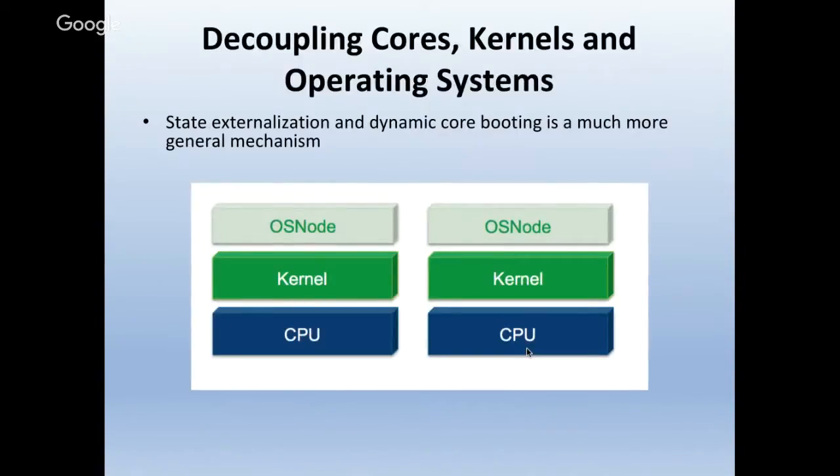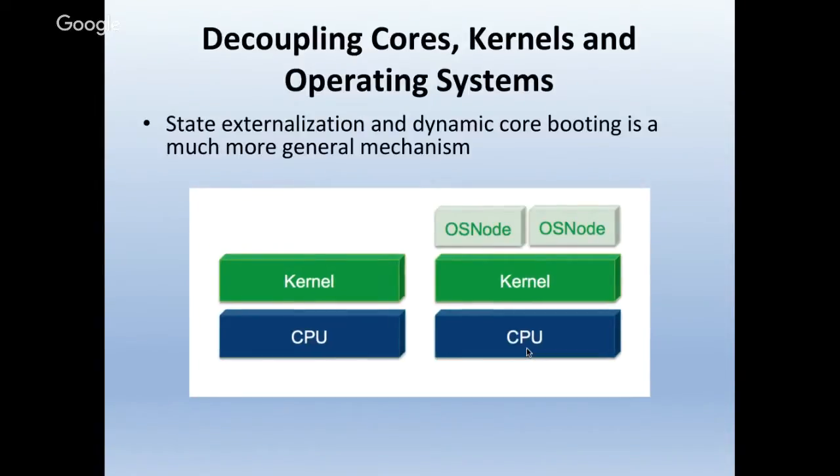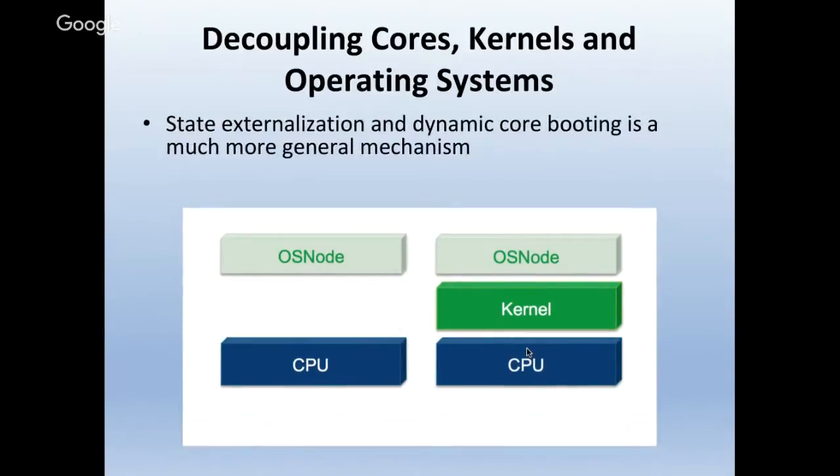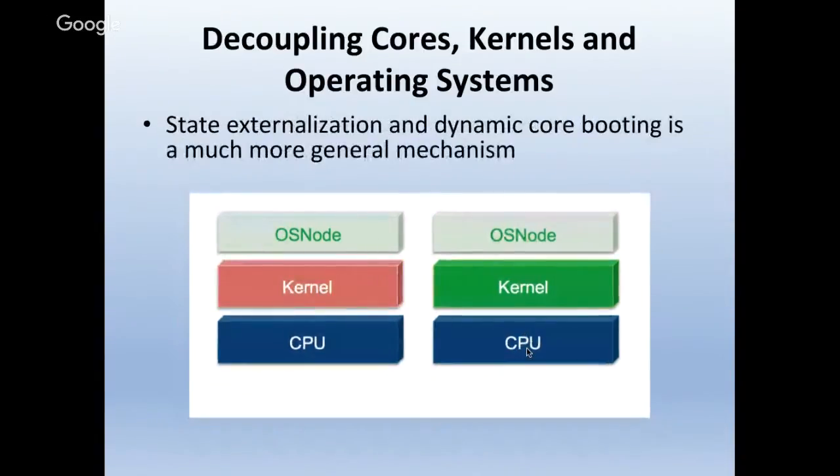So this method of state externalization and dynamic core booting is a much more general mechanism, because we are now able to move per-core state around internally in our system, and we can also replace the kernel dynamically on an OS node.